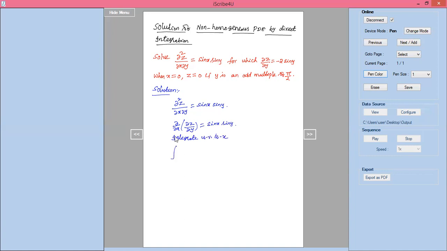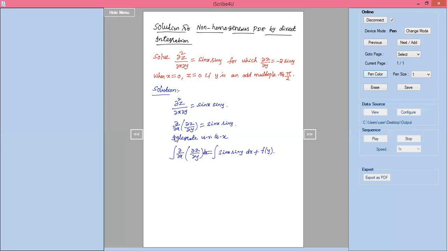Integration of dou by dou x of dou z by dou y equal to integration of sin x into sin y into dx plus, with respect to x, f of y. Here dx also will come.